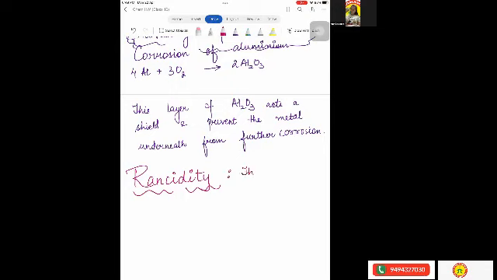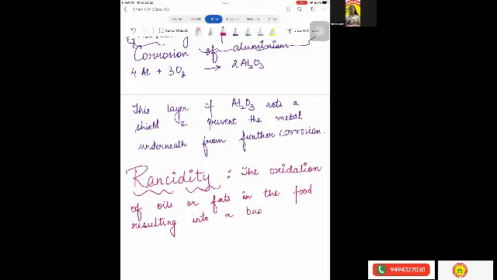It is the oxidation of oils or fats in the food, resulting in a bad smell and bad taste.